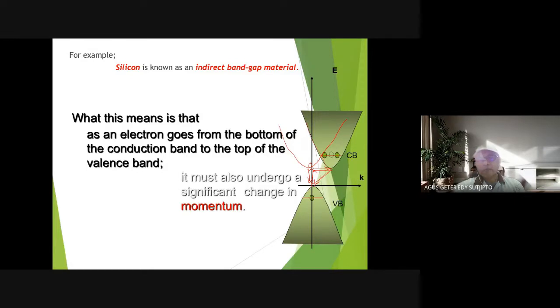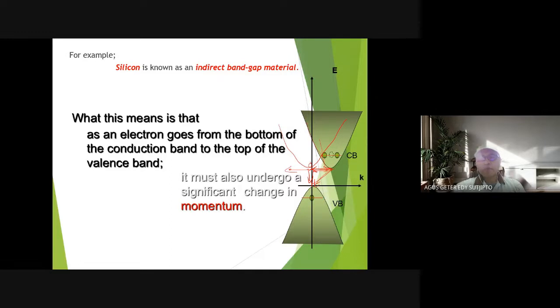This vector includes the crystal momentum, the vibration, moving from here to here. So they will vibrate, the vibration of electrons.